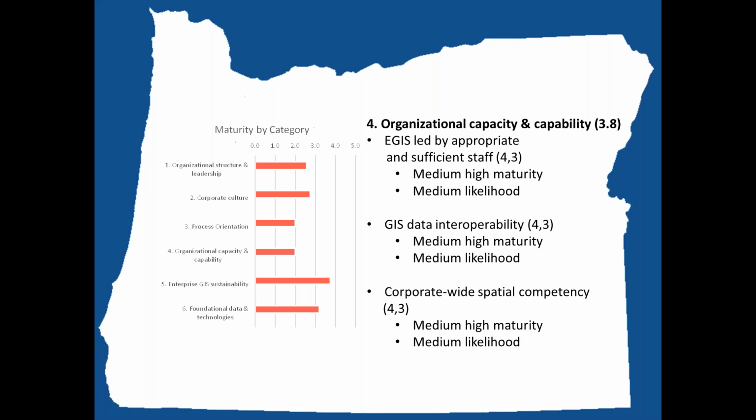In recent recruitments, we've had 64 qualified applicants in one and another 52 qualified applicants. So we feel that as an agency, we've been very fortunate to be able to get the staff in there. The likelihood for improvements we gave a mid likelihood.